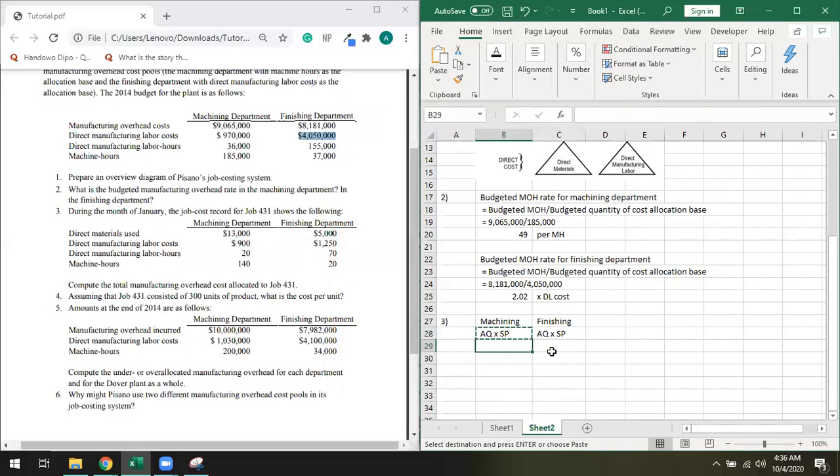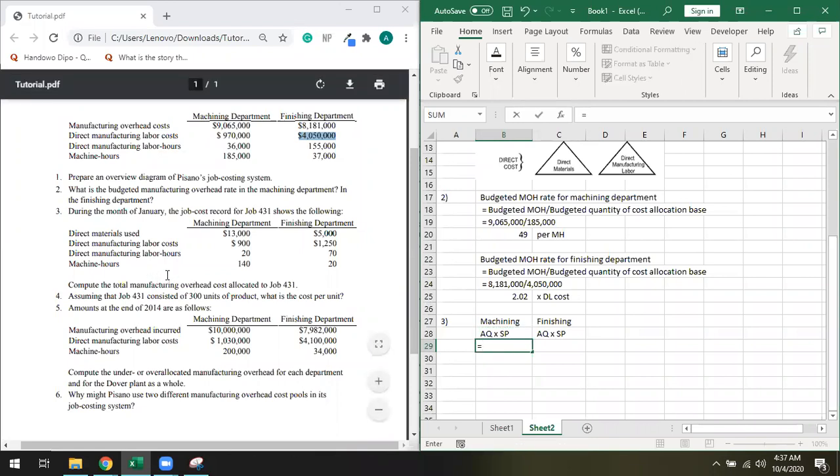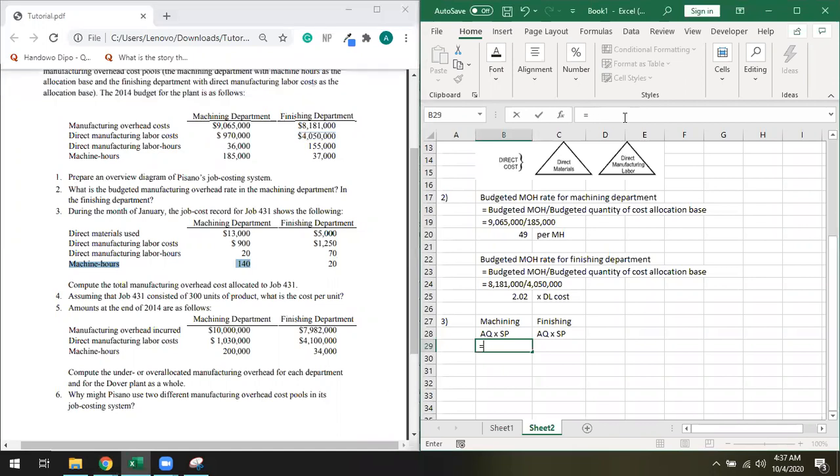So the actual quantity of cost allocation base for machining department is the machine hour used, which is 140, times the standard price, or the budgeted manufacturing overhead rate for machining department, which is 49.